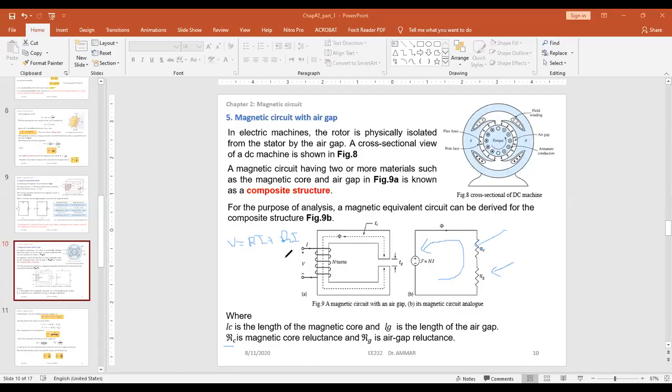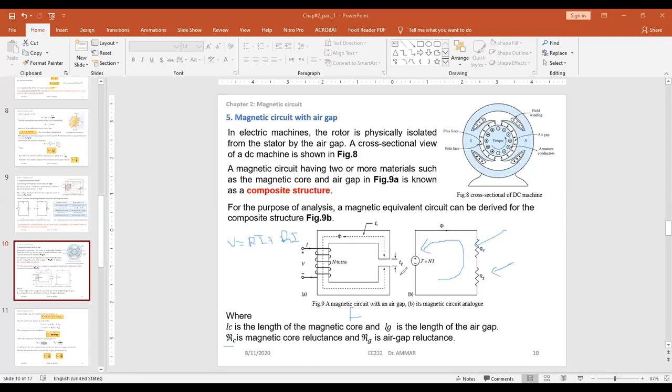Here it's the same thing. Those two materials don't have the same reluctance. They are different, like different voltages. The voltage of the source is the sum of those voltages.